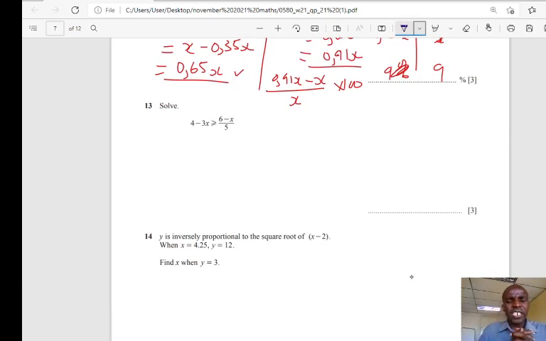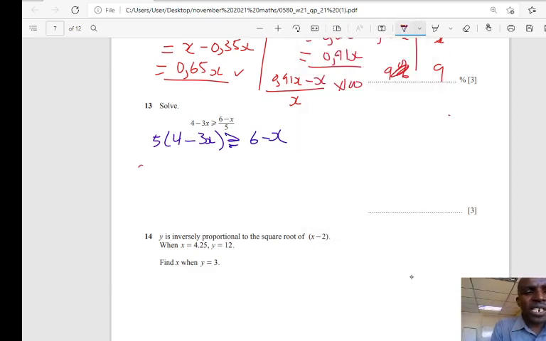Right, question number 13. Solve. This one is an inequality. You just cross multiply, it is 5 here. Multiply 4 minus 3x is greater than or equal to 6 minus x.